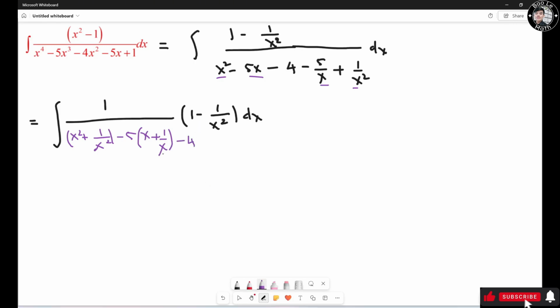Observe that if I let u equal s plus 1 over s, then du should be 1 minus 1 over s squared ds.